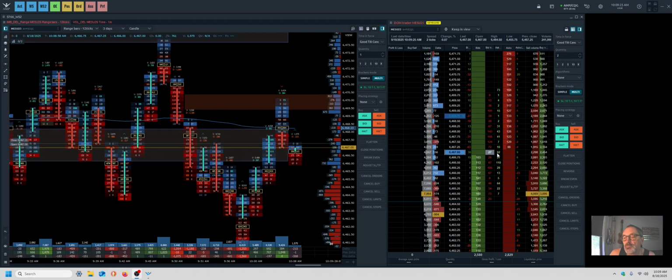These are aggressive orders, market orders, lifting these offers up, and market orders here on the bid, hitting the bid, dropping it down. So this is real orders coming in. The orders here on the bids column and orders here on the ask column are just limit orders. They're passive orders. These are users that are putting their buys and stops in.